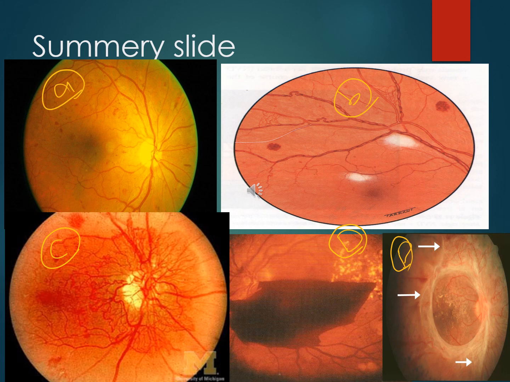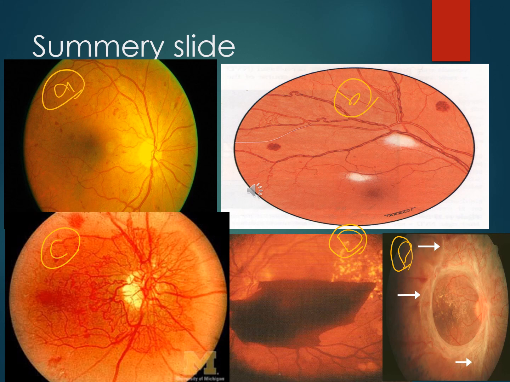And for the last photo in D, there is a tractional retinal detachment, as I showed with the white arrow. For a patient with tractional retinal detachment, here I can't give intravitreal injection.